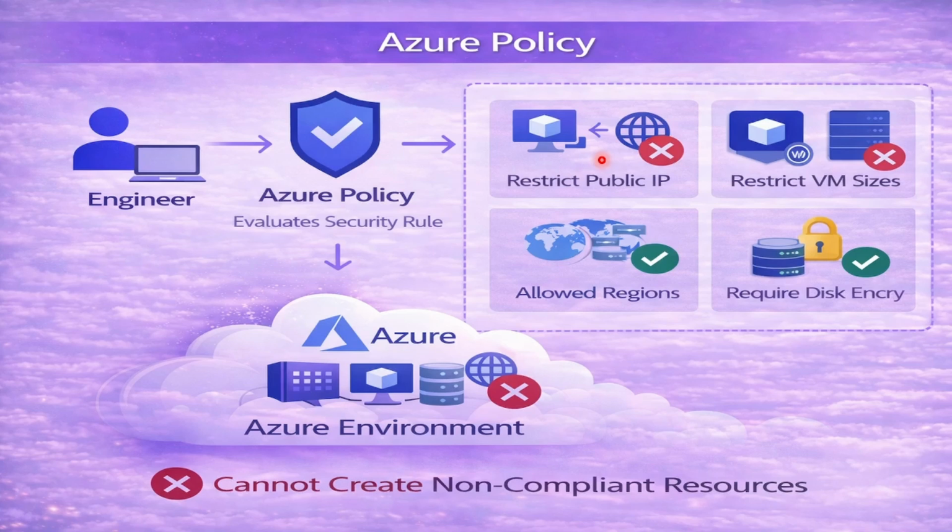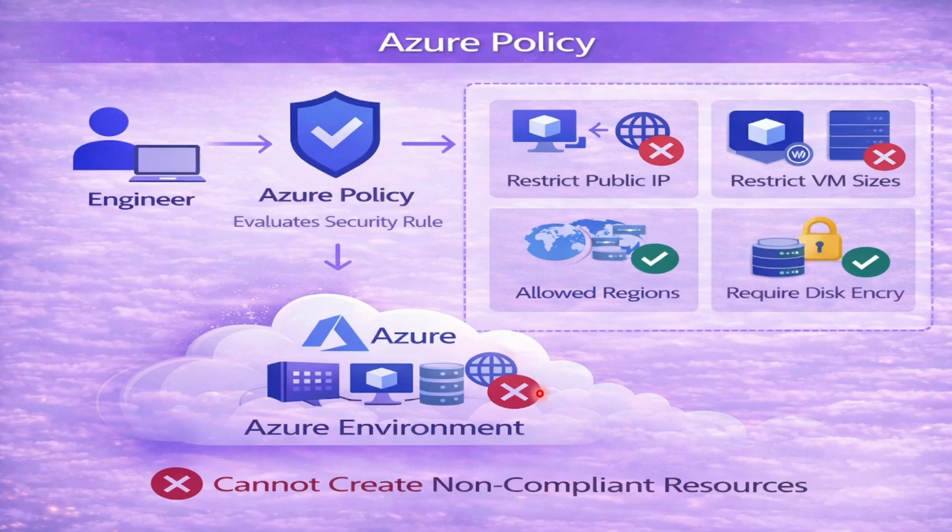Since this could expose the environment to the internet, Azure Policy immediately blocks the deployment. Azure Policy can also enforce other important controls, like restricting VM sizes, allowing deployments only in specific regions, or requiring disk encryption to protect sensitive data.